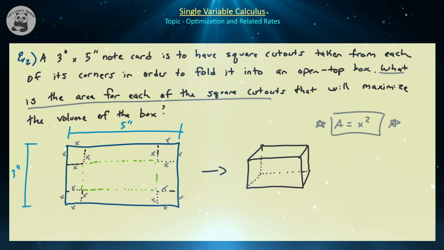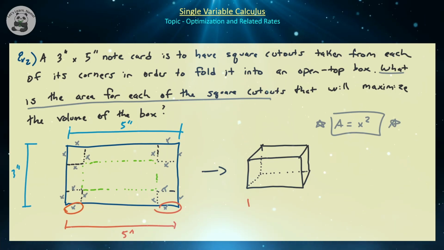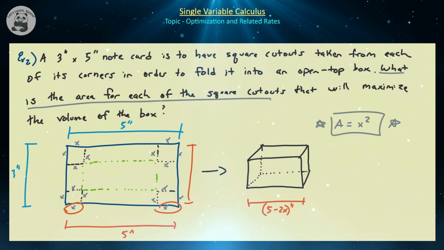Cool. So if this distance right here is 5 inches, notice that we're taking 2 x's away from this. So that means this distance right here will be 5 minus 2x inches. And notice that this distance right here, this used to be 3, but we're taking, again, 2 x's from it.